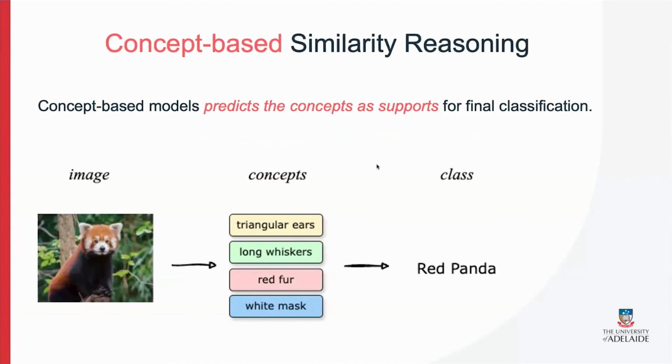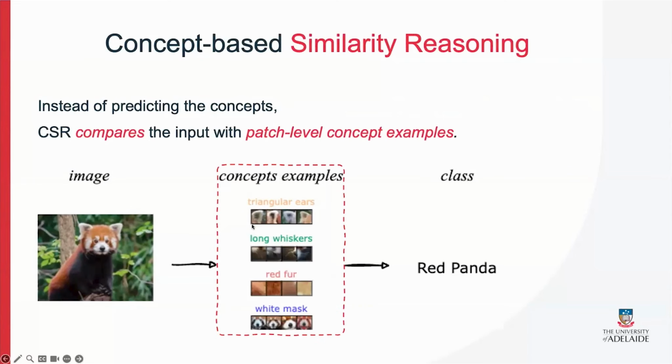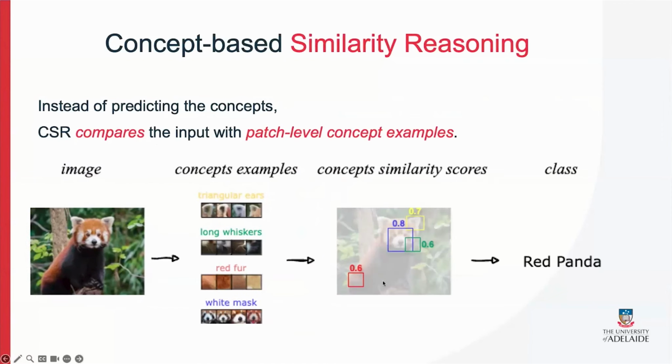From the concept-based model, where it predicts the concept as support for the final classification, CSR compares the input with patch-level concept examples. So you can see here, from this image, it will compare the patches from this image with the patches of different concept examples, like triangular ear patches, long whisker, red fur, or white mat patches to predict the red panda.